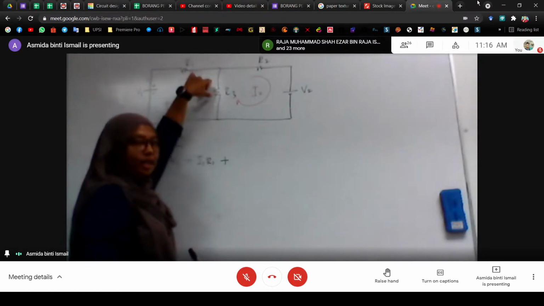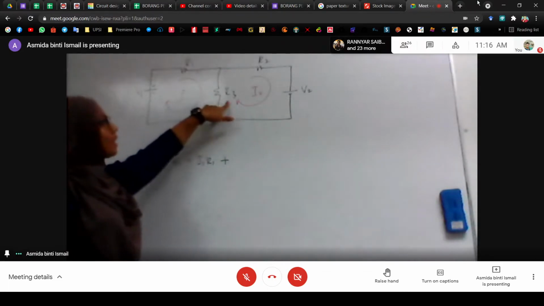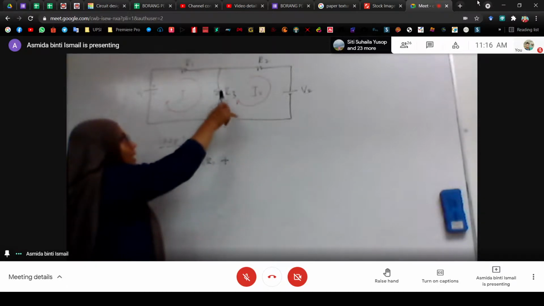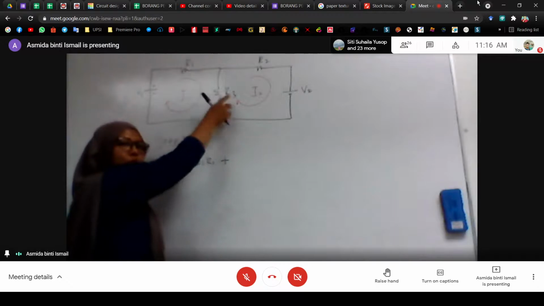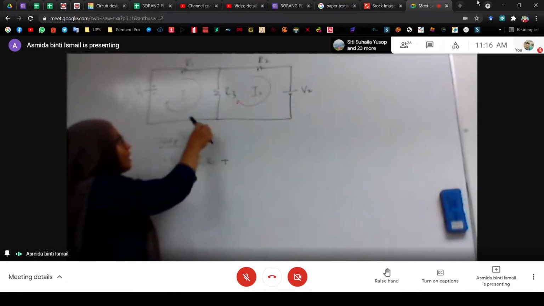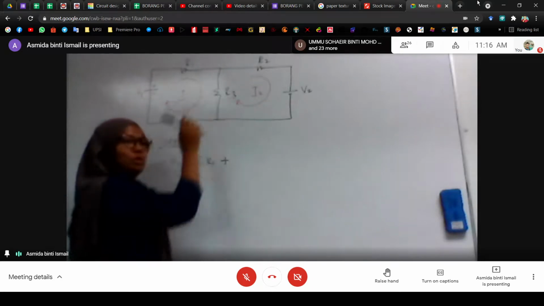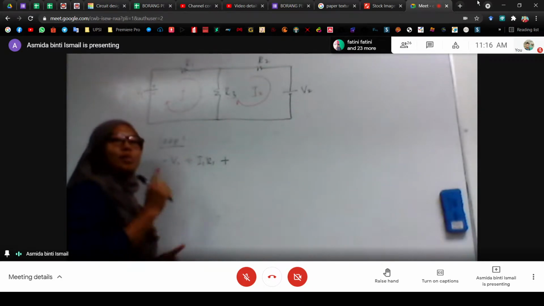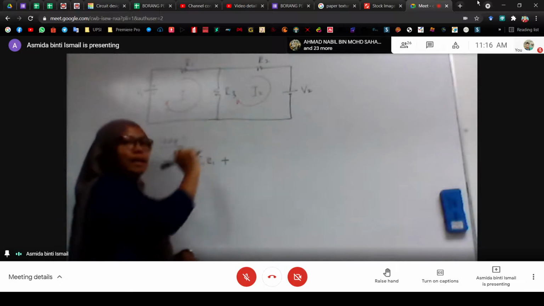Voltage here is I times R3. But here R3 is in the middle of the loop, both loops. So you can see that I1 flows through R3, I2 also flows through R3. Dua-dua arus lalu melalui R3. So you need to consider both I.